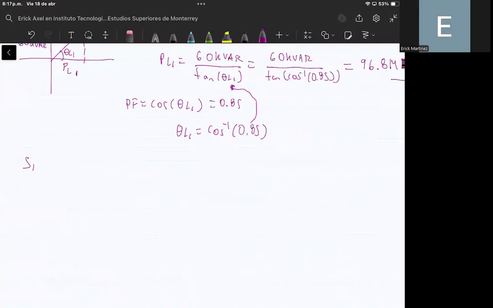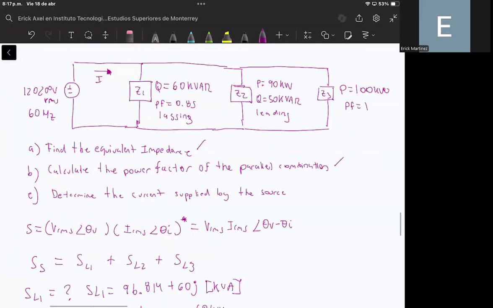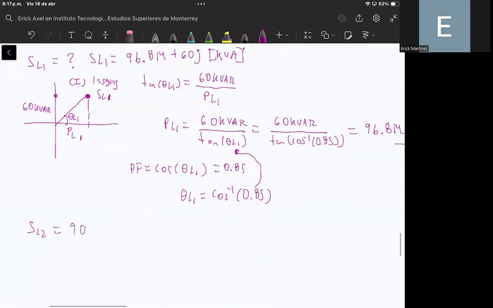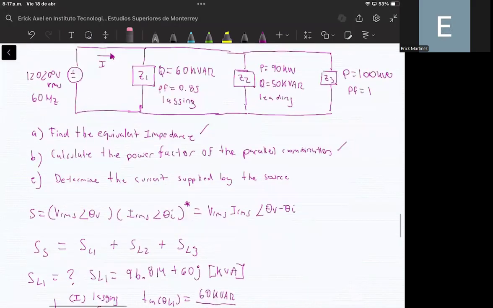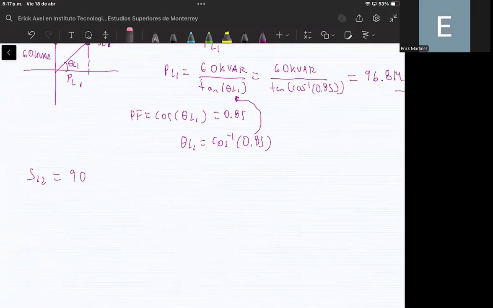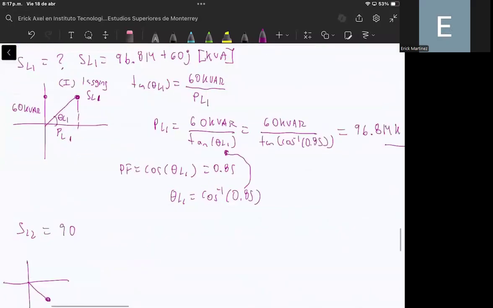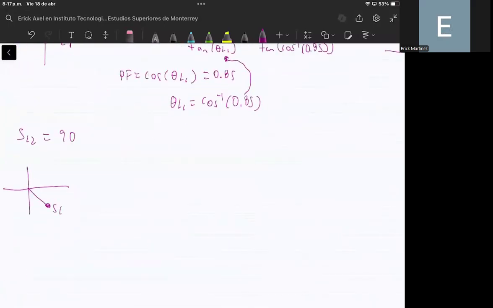For the second load, we have more information. For example, we know that the real power, or average power, is 90 kilowatts. Here they are telling us that the reactive power is leaving. That means that the complex power for load number 2 should be in the fourth quadrant, because when you have a leaving complex power, it is in the fourth quadrant.